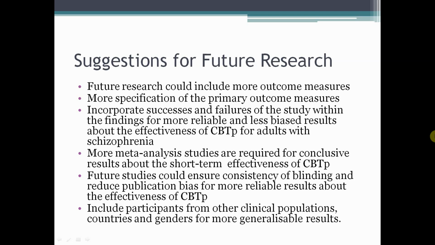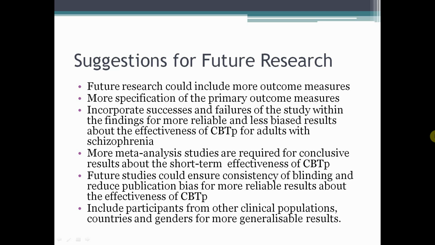Future research could include more outcome measures, more specifications of the primary outcome measures, and incorporate successes and failures of the study within the findings for more reliable and less biased results about the effectiveness of CBTP for adults with schizophrenia.